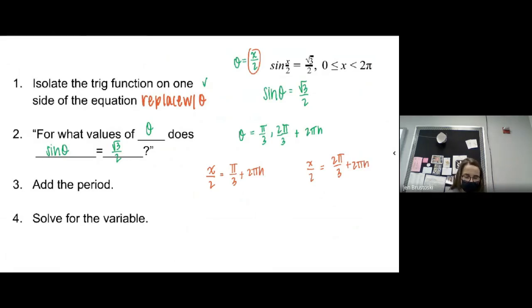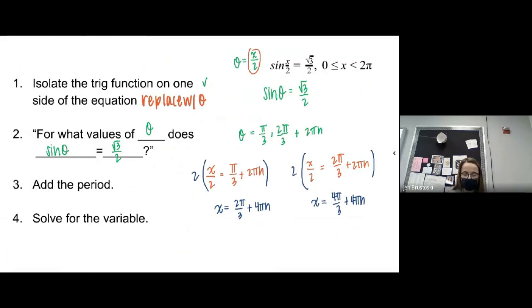And then I'm going to solve. So I'm going to multiply both sides by 2. So I get x equals 2 pi over 3 plus 4 pi n, and x equals 4 pi over 3 plus 4 pi n.